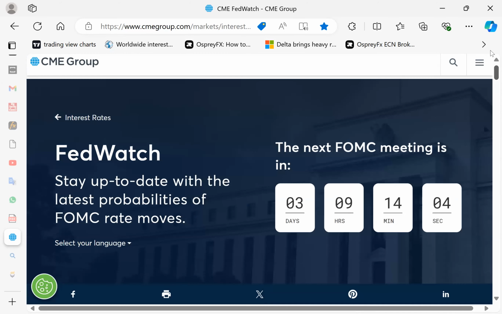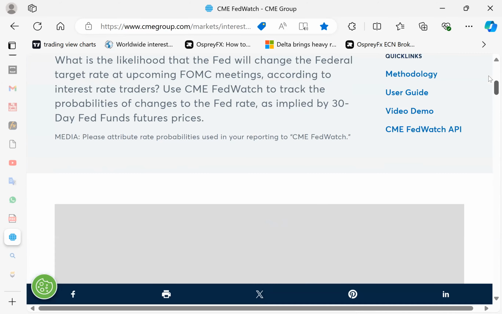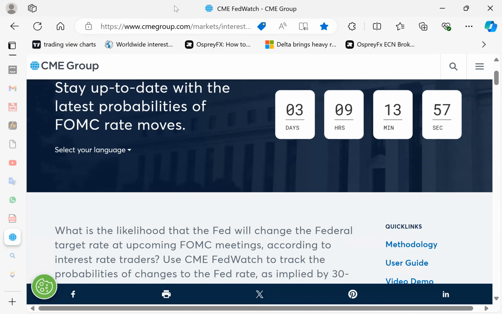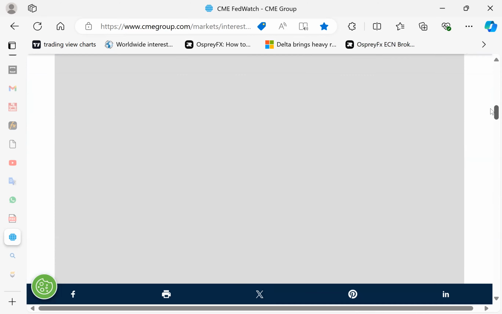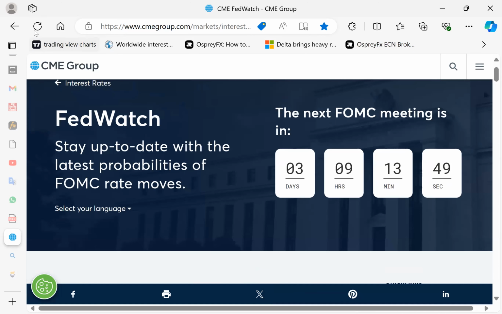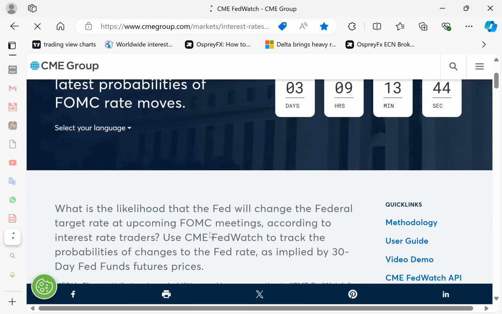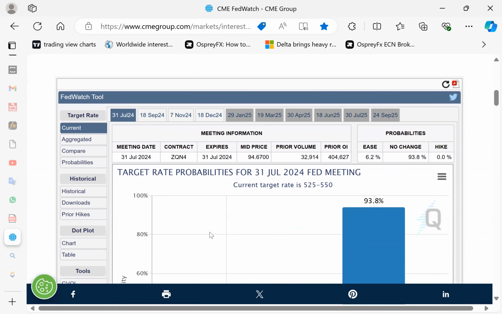And I say all that because if you go to this tool, CME Group tool, this gives you basically the expectations, right? What people think.